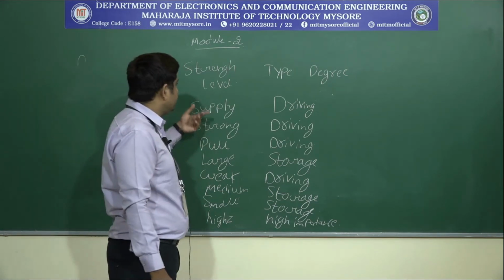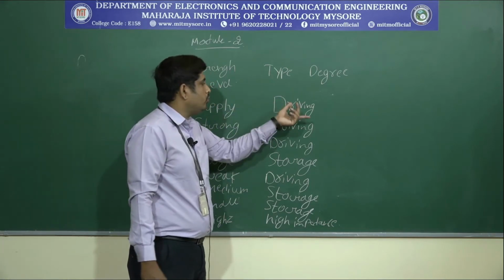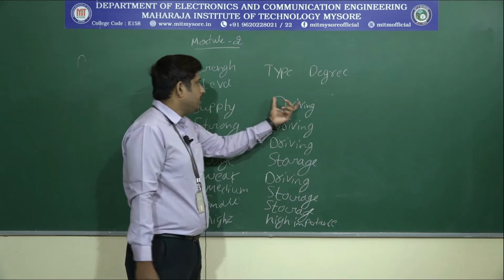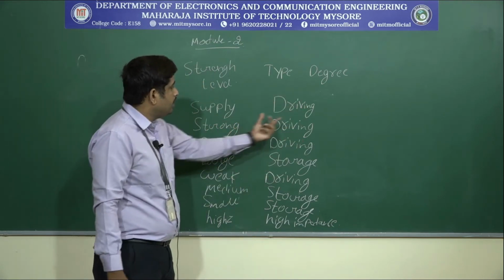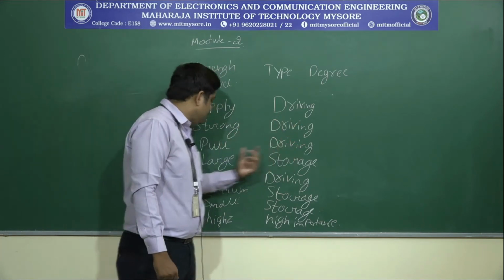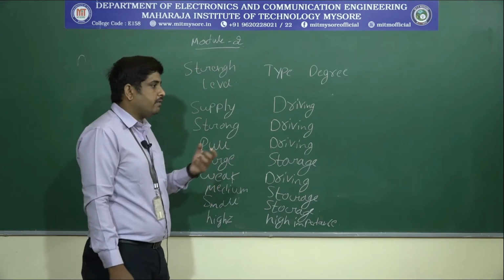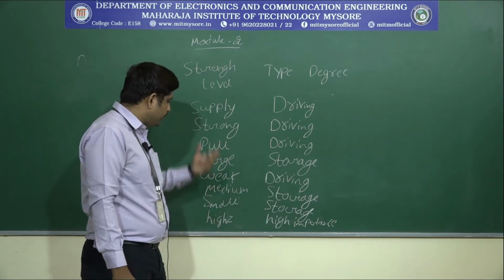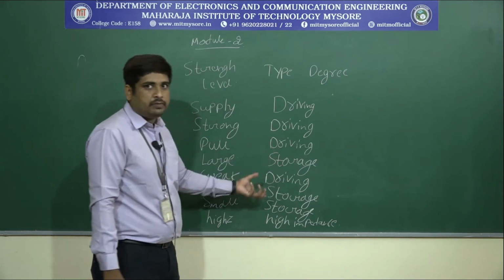First you represent supply, that is we drive a supply to the circuit, that's why the type is drive. Then strong is also a drive, so it belongs to driving. Then pull also belongs to drive. Then large, as well as medium and small: we have to store larger values, smaller values, and medium values, so that's why they belong to storage.